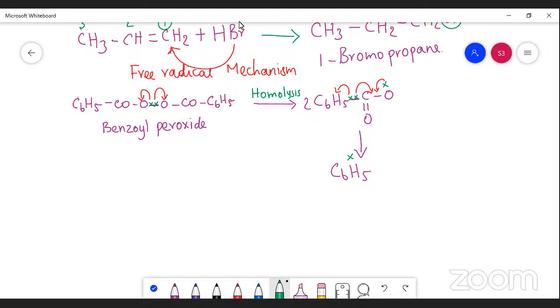And the byproduct is converted into carbon dioxide, that is O double bond C double bond O, so it is CO2.